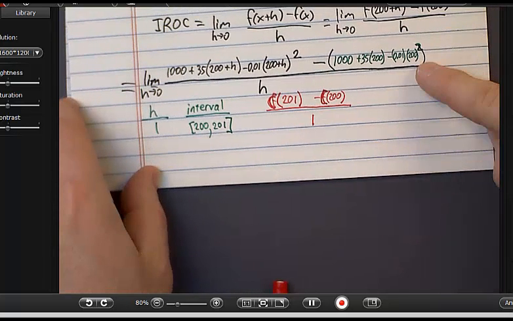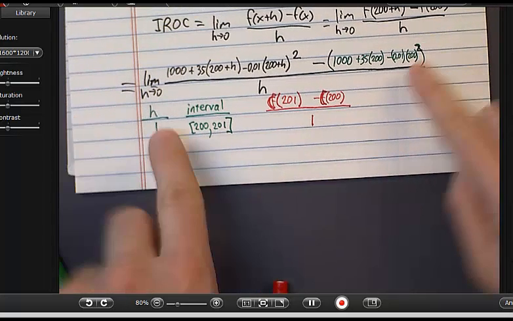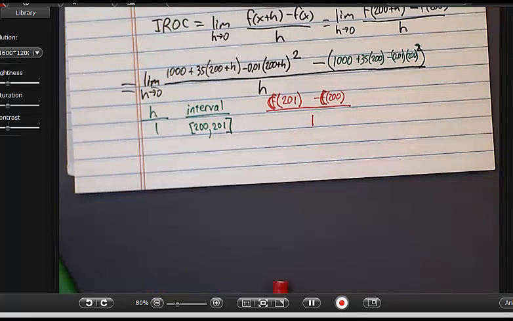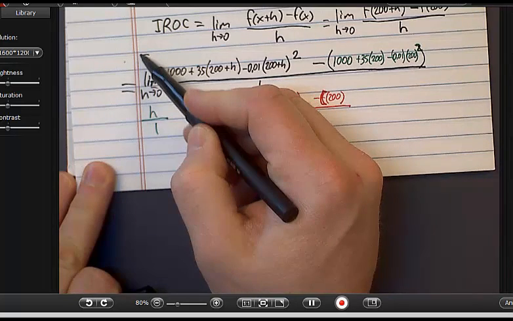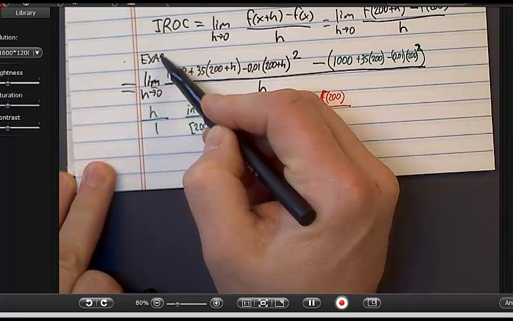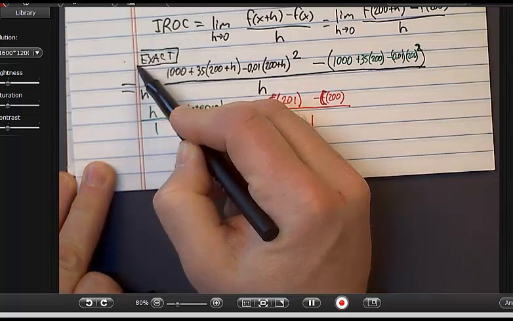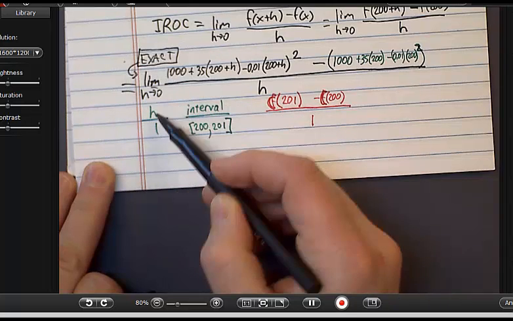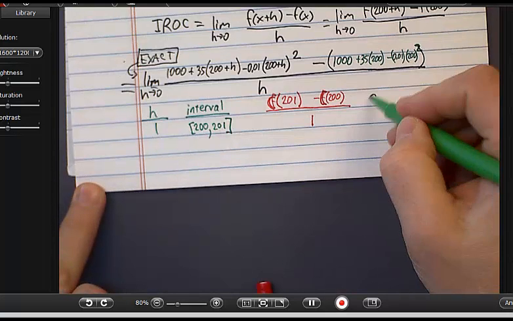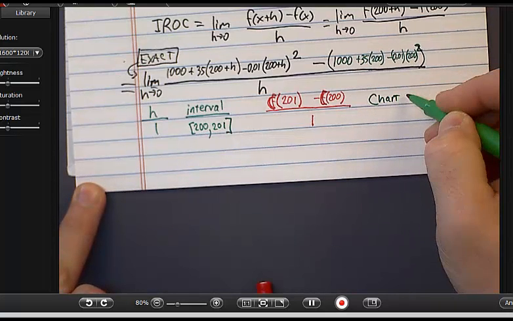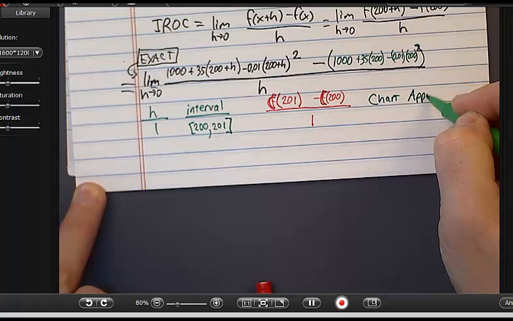Just so you can see what the difference is, guys. In black, when I'm going to take the limit, you know what that is really? That's the exact value. The exact value I'm going to get by taking a limit. What we're doing here with this chart gives me an approximate value.